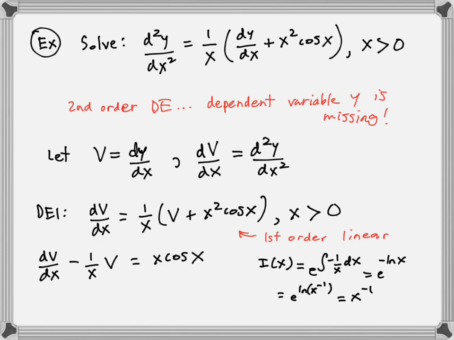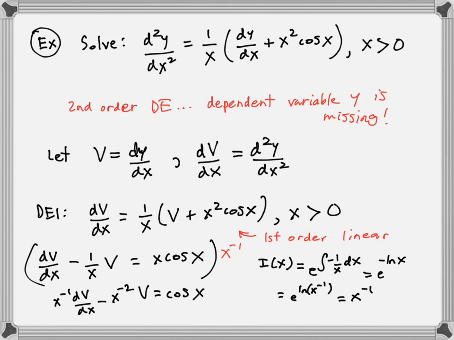So if I multiply everything by our integrating factor, which is x, I end up with, not x to the negative 1, right? I end up with x to the negative 1 dv dx minus x to the negative 2 v is equal to cosine x. Okay, what now?